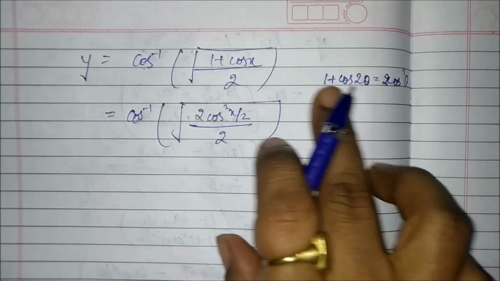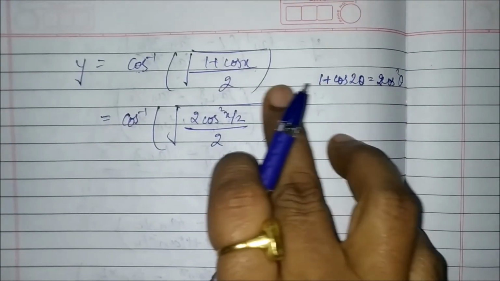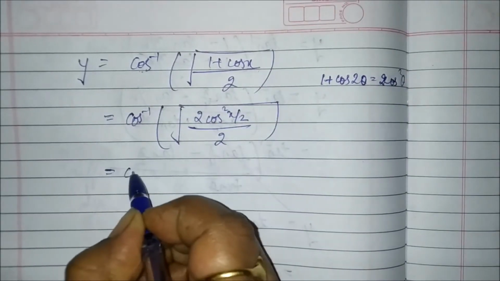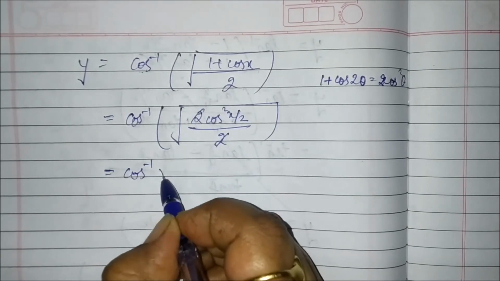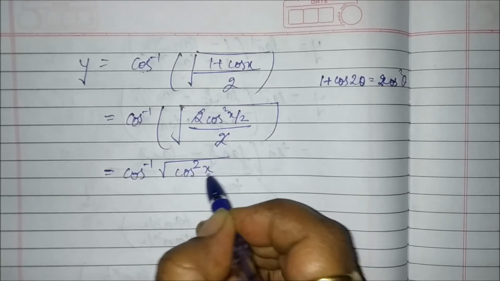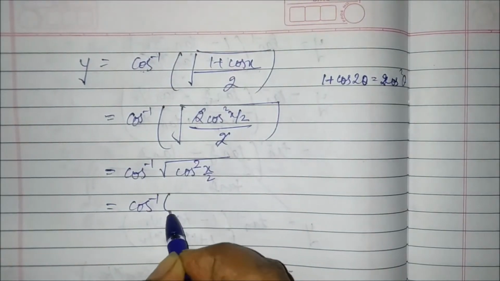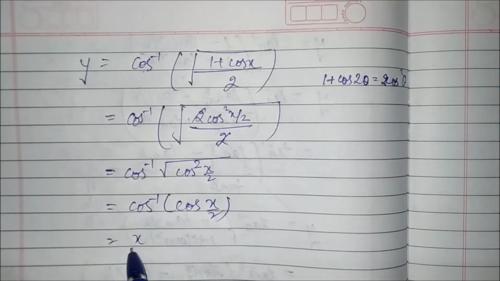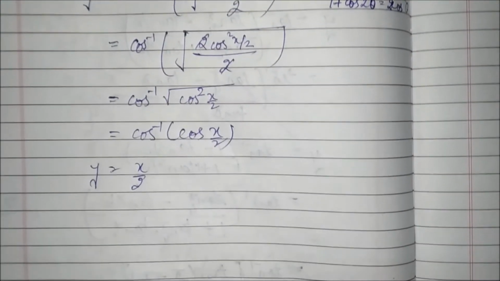Applying this formula, we can write it as 2 cos square x by 2, half of this. Now cos inverse of, here we cancel out, we get cos inverse of under root cos square x by 2. Taking root, we get cos inverse of cos x by 2, and at last y equals x by 2.